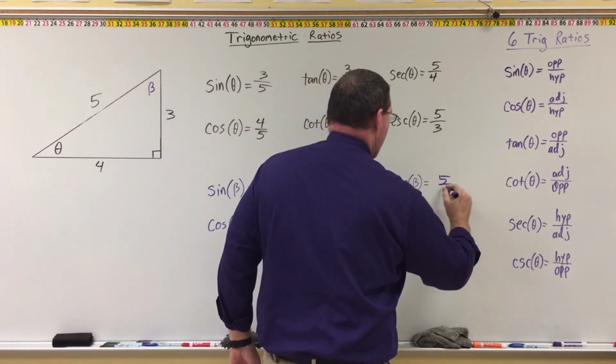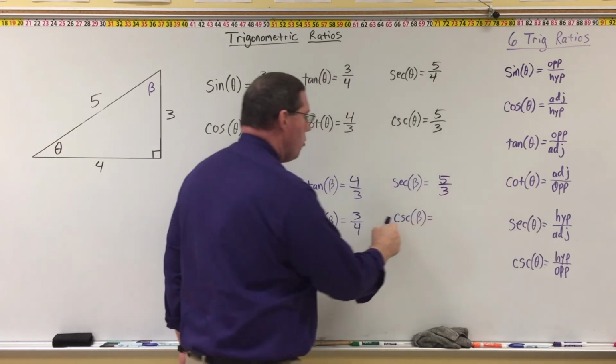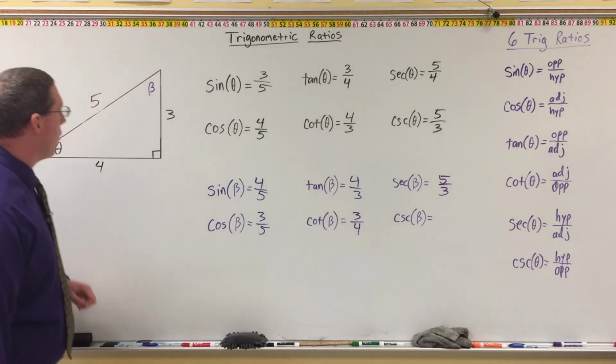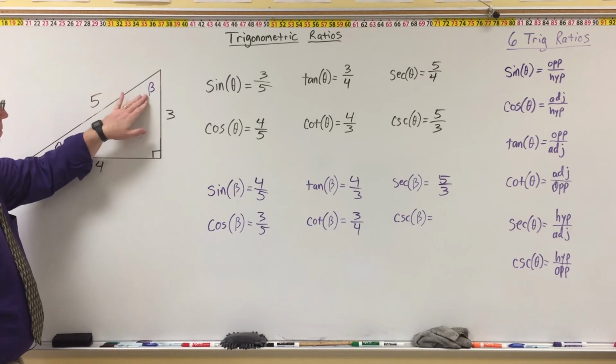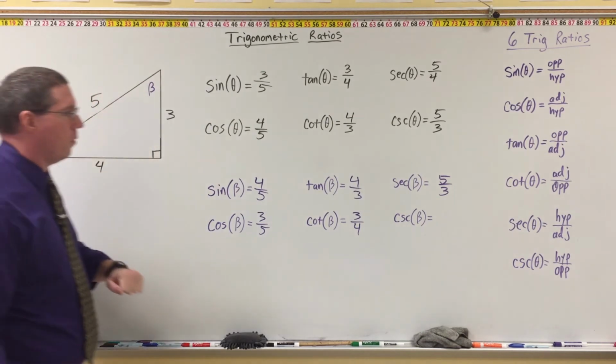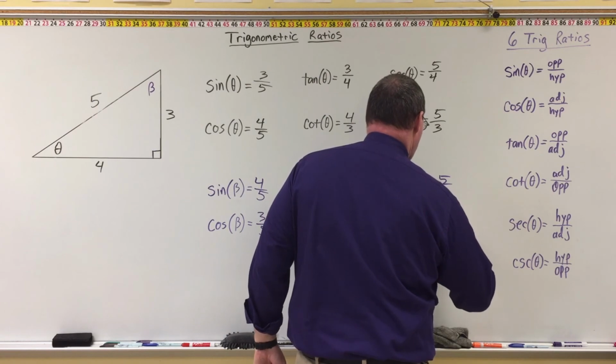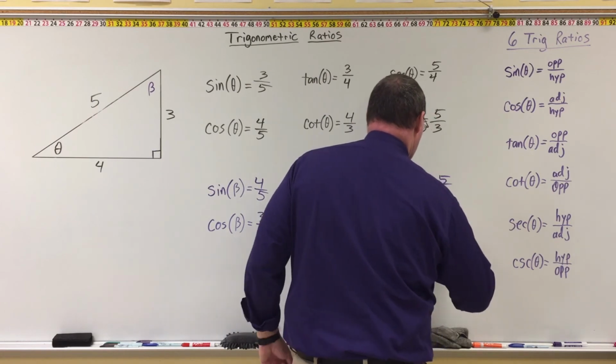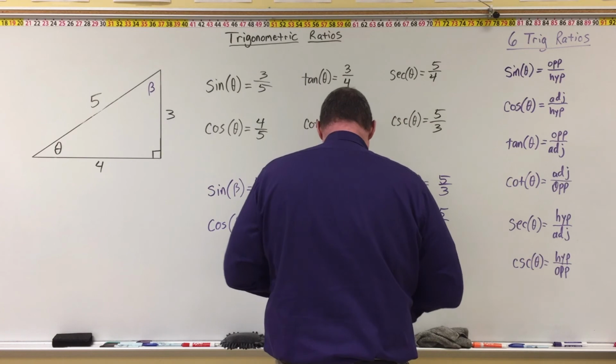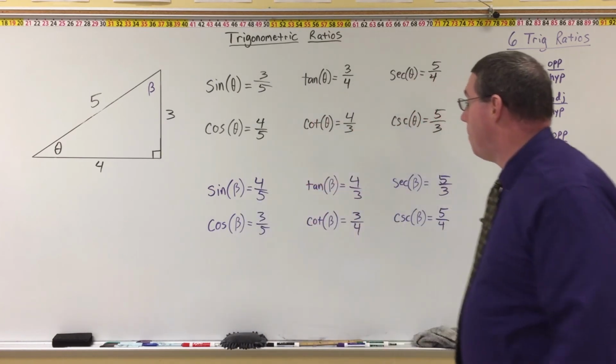And then cosecant of beta is hypotenuse over opposite. That's 5 over, opposite from beta is 4, so 5 over 4. And so these are the 6 trigonometric functions for angle beta.